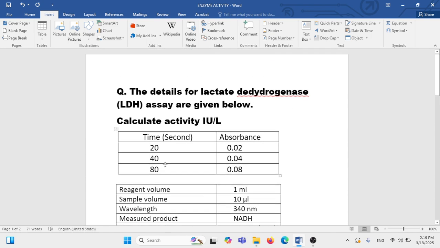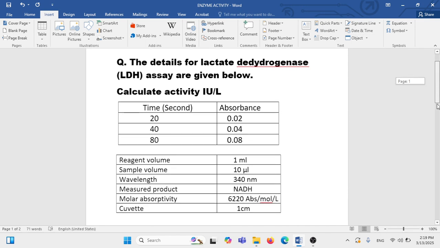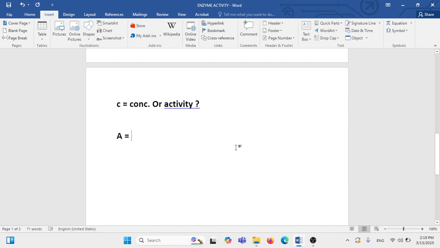The change in absorbance per minute is the 80 second absorbance minus the 20 second absorbance, that is 0.08 minus 0.02. So this is the change in absorbance per minute.